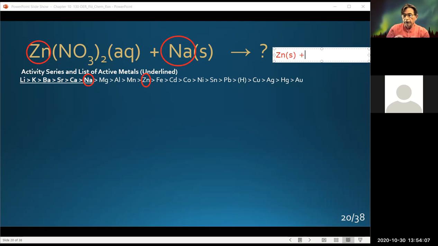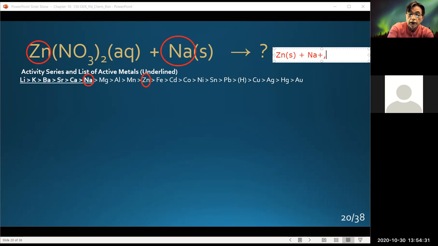Now the sodium has a zero charge. Here's the thing to remember: all the elements have a zero charge. Remember why? Because everybody has the same number of protons and electrons. So sodium right now is in a zero state. When it becomes ionic, because it's group 1, it's going to be a +1 state.